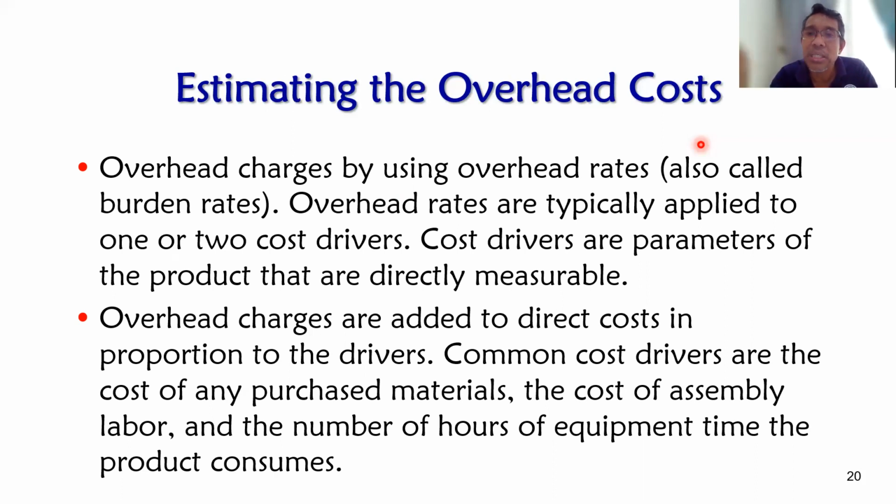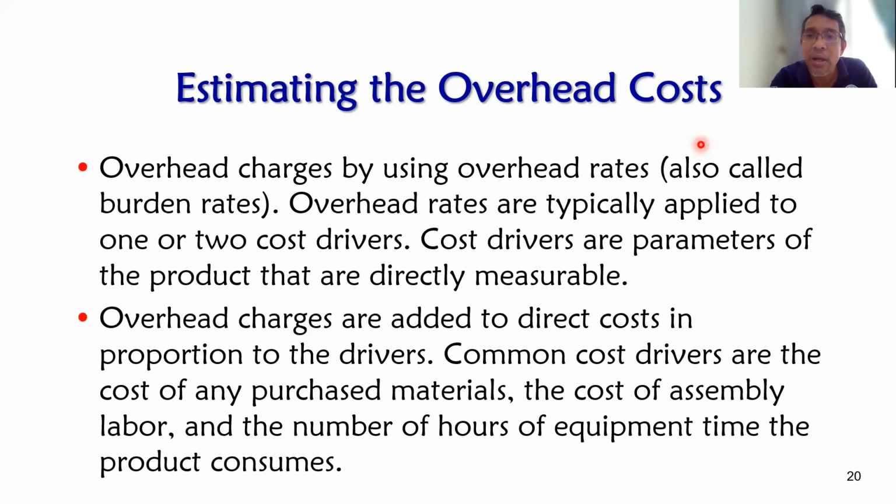The common cost drivers are the cost of purchased material, where they add a percentage on the purchased material, the assembly levels, which they multiply on top, and the number of equipment or the time used for the product, which they also apply on top.